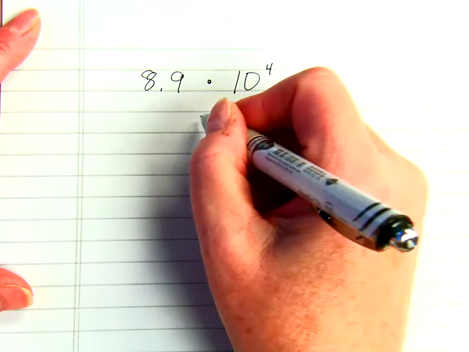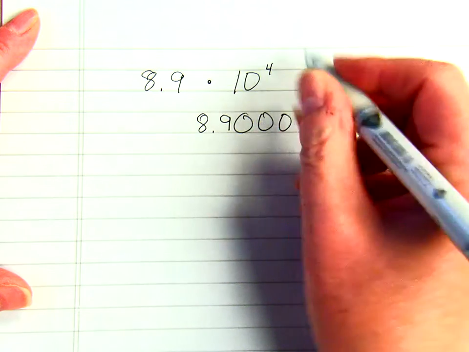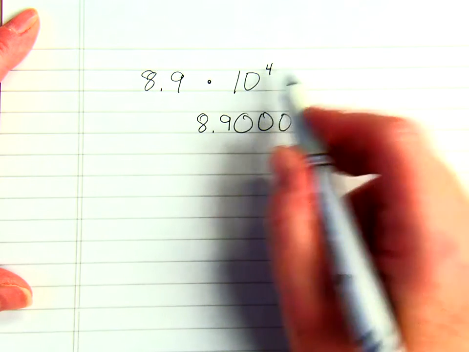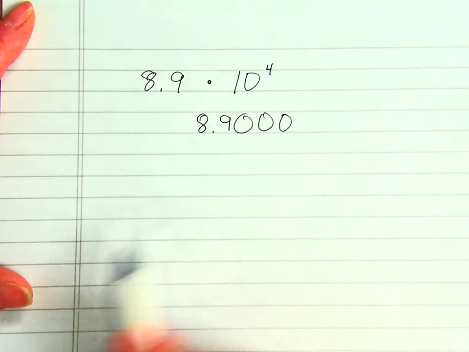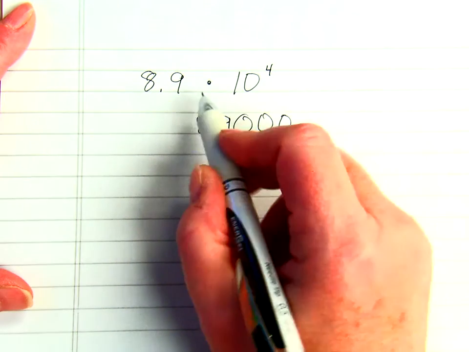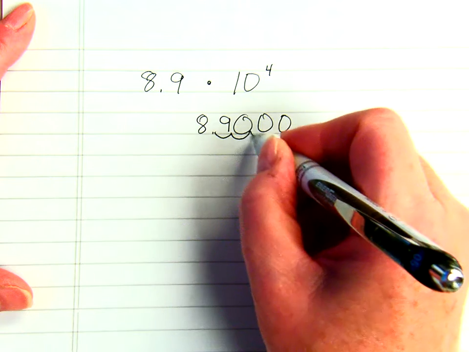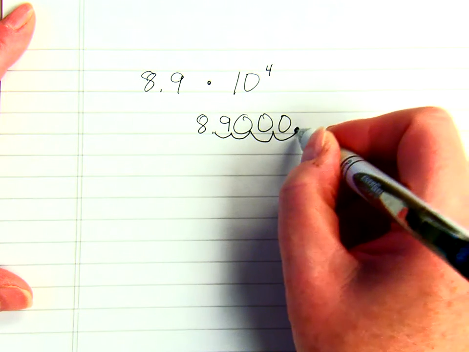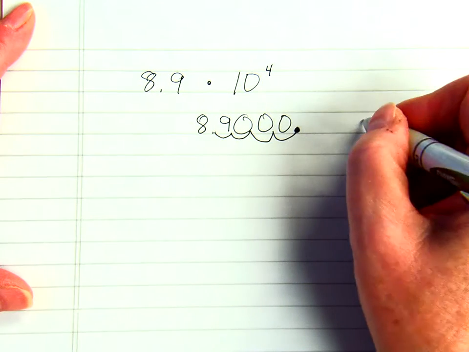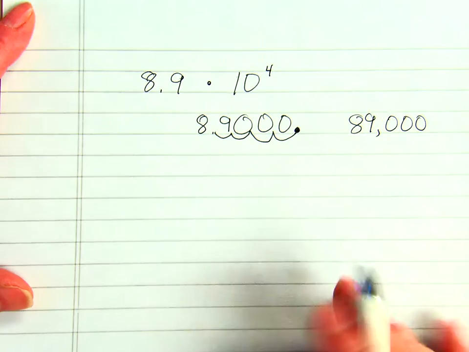So literally I'm taking my 8.9. I'm going to add some zeros because this is a positive exponent. I know that I am going to have a big number, and I'm going to move my decimal point 4 places. So 1, 2, 3, 4. I'm going to rewrite this number so that it's easy to see, and it's going to be 89,000.